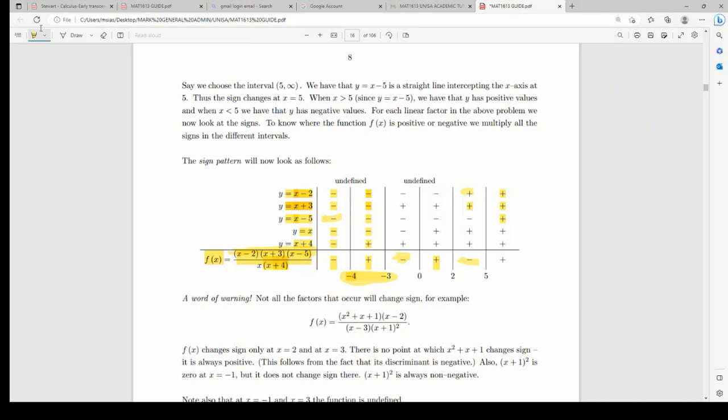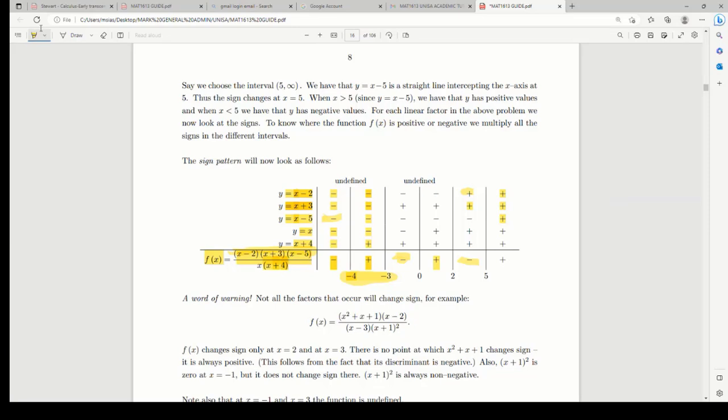Here, the negatives of f of x just show that if f of x is negative, it means less than 0. If it's positive, it's greater than 0, over those particular intervals. So f of x negative between minus infinity and minus 4 means it lies below the x-axis there, negative values.